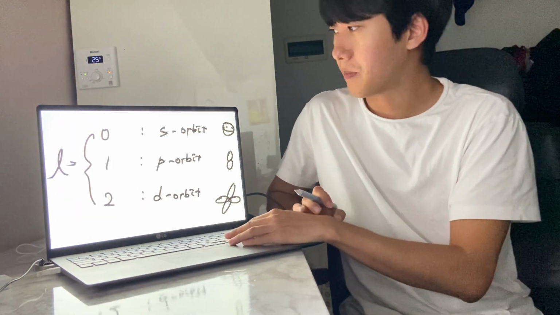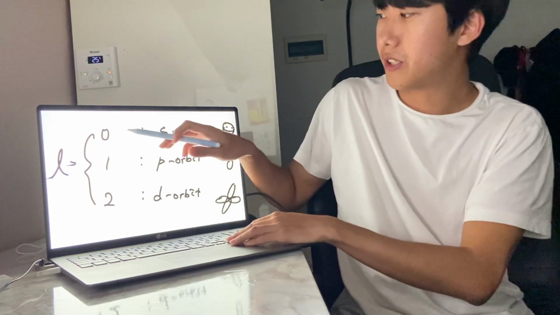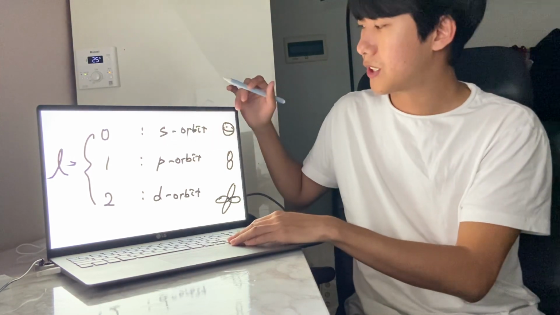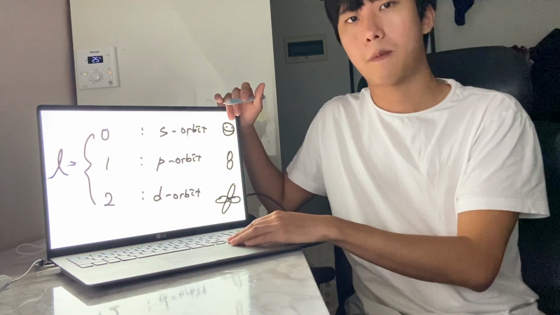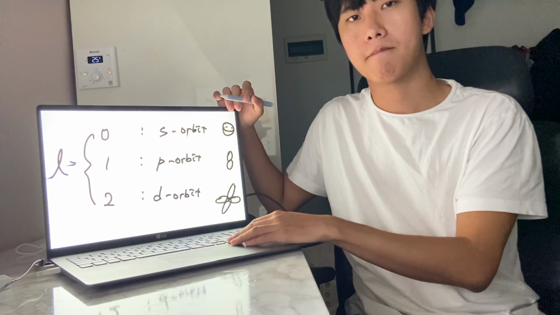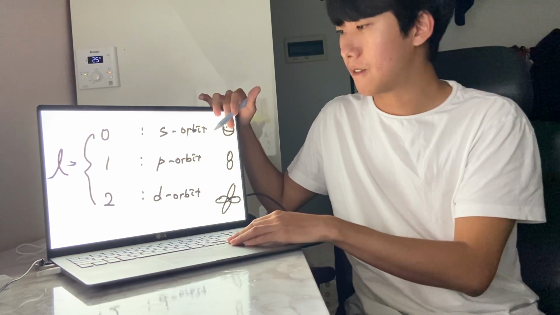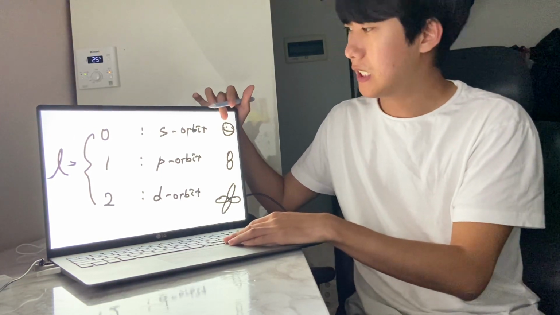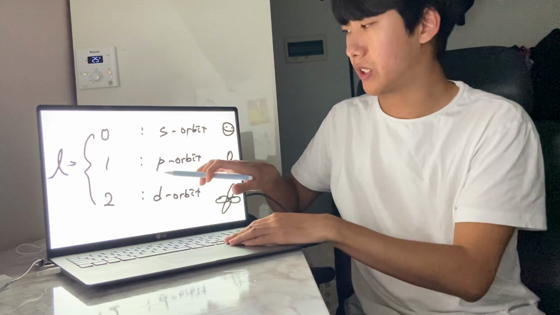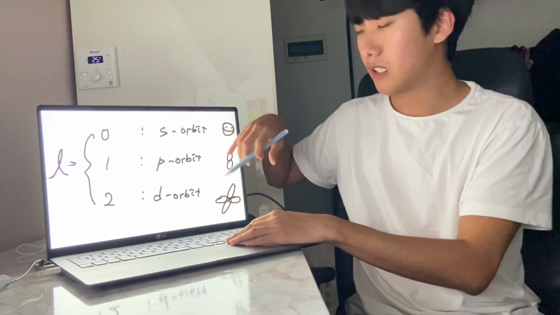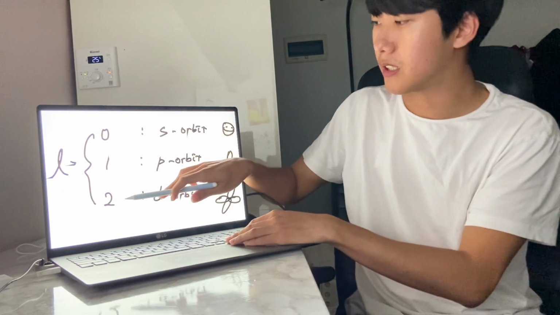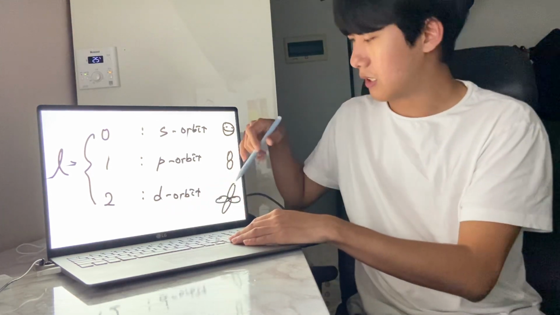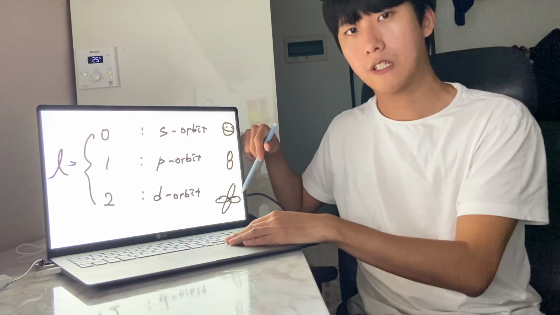In detail, when L is 0 we call it the s orbital, which is spherical; L is 1 is the p orbital, a dumbbell shape; and L is 2 is the d orbital, a clover shape.